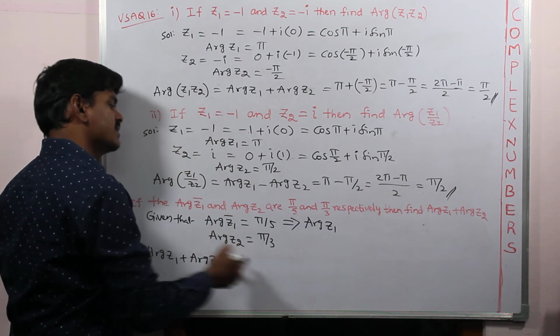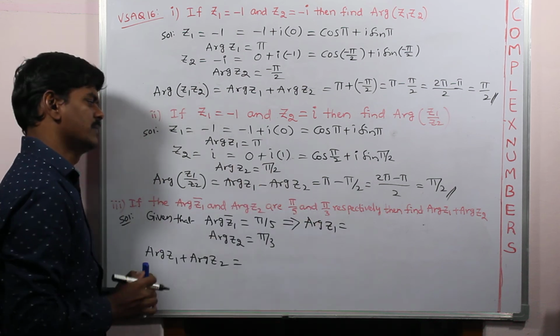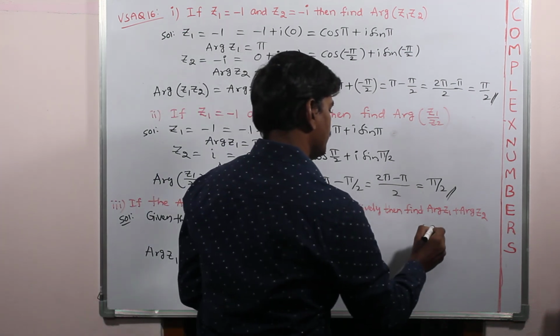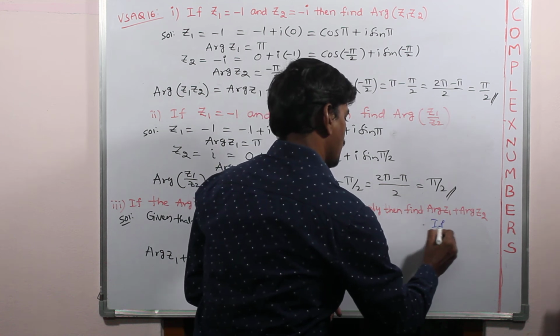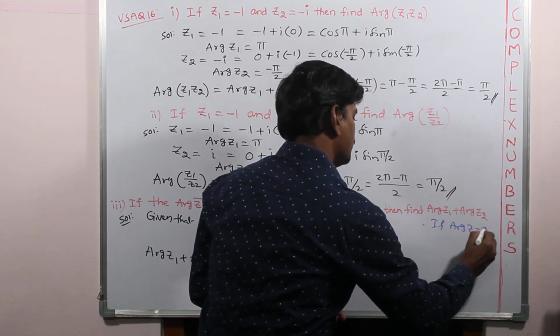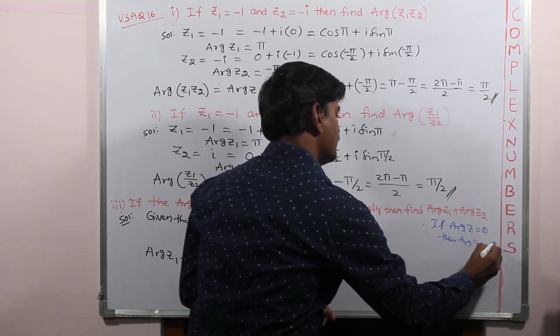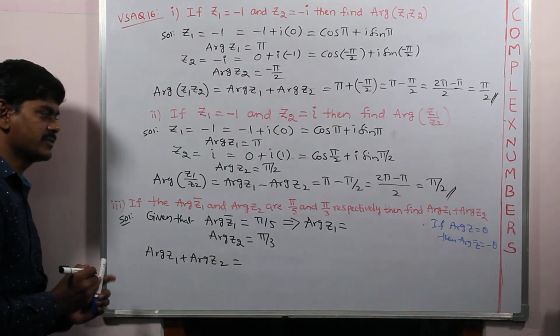So what is the formula? You have to remind: if arg z is equal to theta, then arg z bar is equal to minus theta. So they differ only by sign.